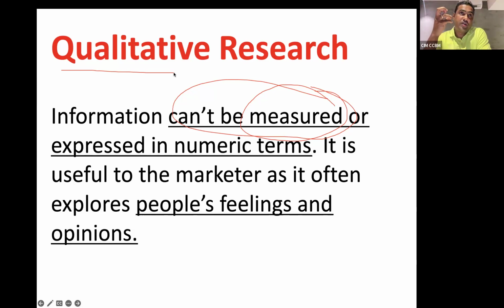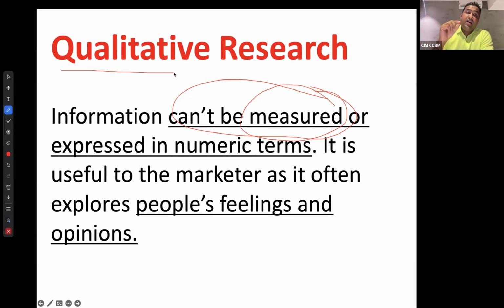If I use the question why, as a respondent, you need to explain. You have to say, I bought the t-shirt because it's a nice color and it was cost effective and it was on sale and I like the brand. Now you gave a qualitative answer.